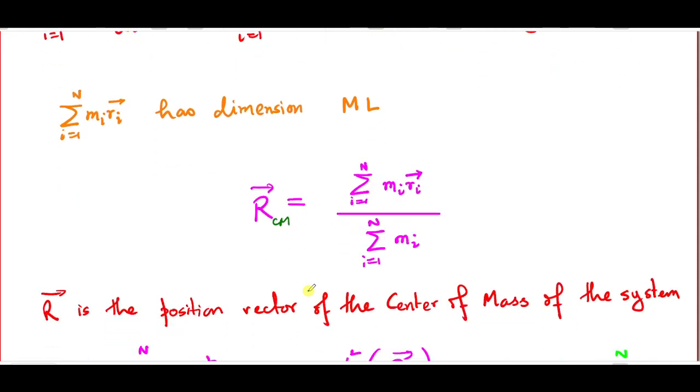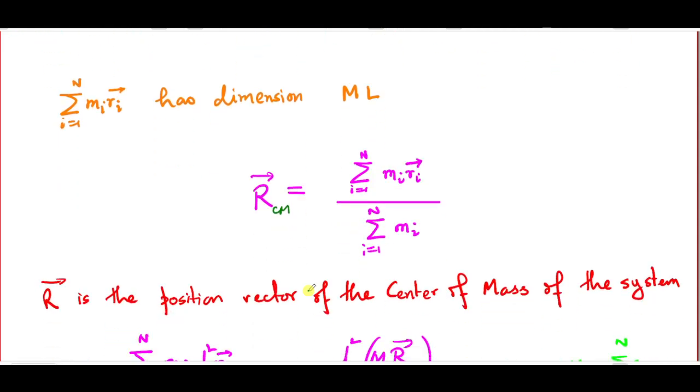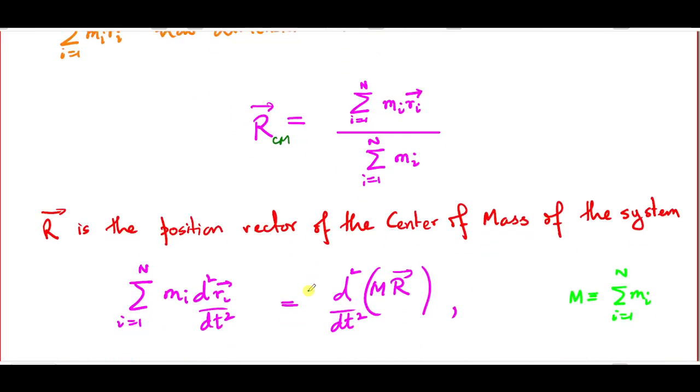Now, once you have done this, the left-hand side of our Newton's second law for a system of particles simply becomes the second derivative of the product of capital M, which is of course the sum of all the masses here, times R vector.